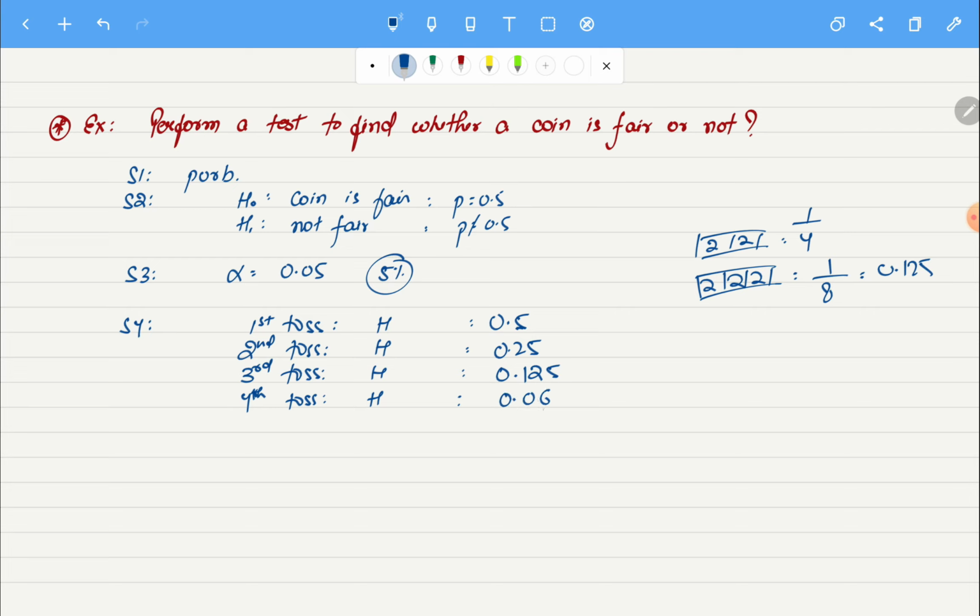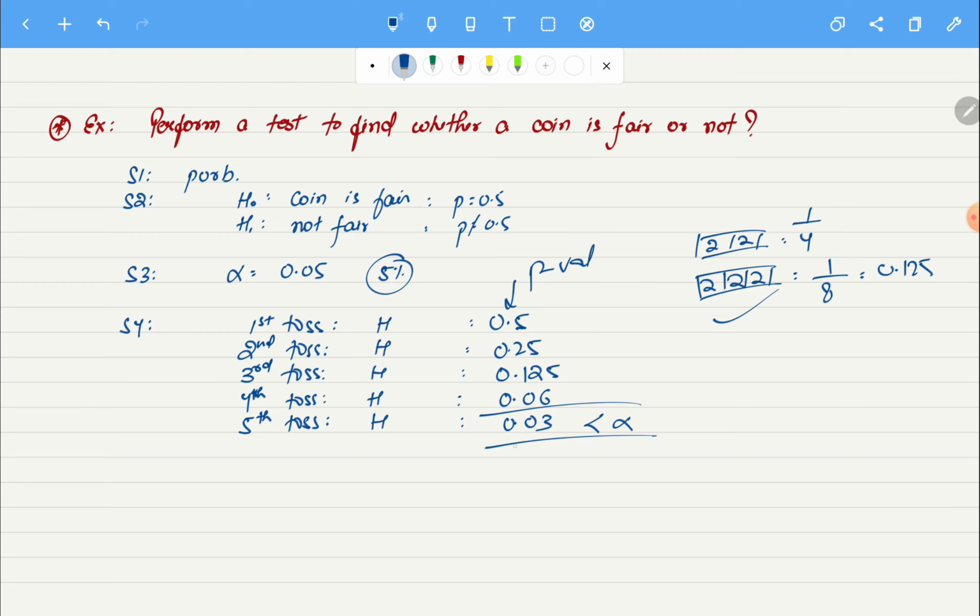You can calculate it in the same way, but it is still above the threshold value or the significance level. So we tossed it for the fifth time and we got head again, and now the probability will be 0.03, and now this is less than our alpha. So here we can say that this is nothing but the p-value.